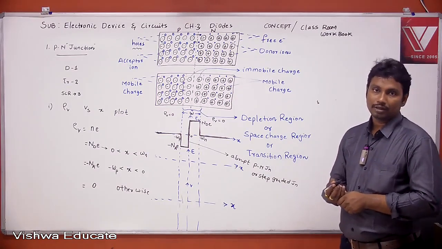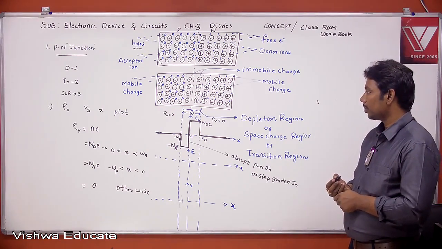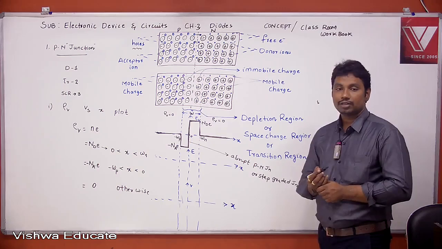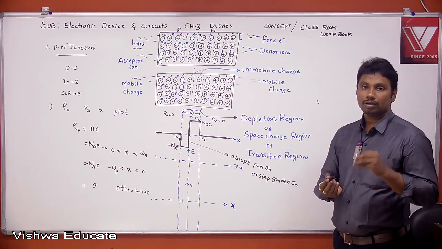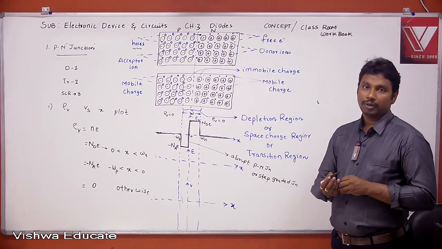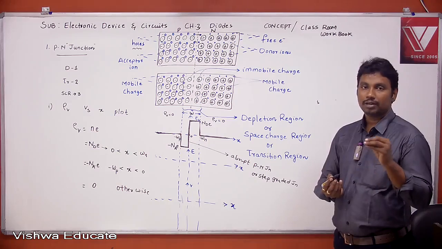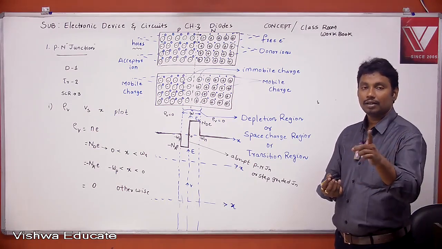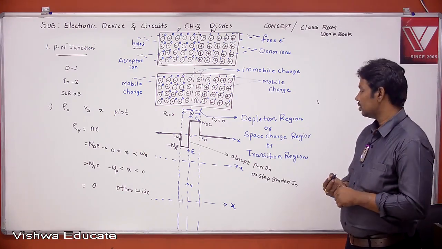Such PN junctions are called abrupt PN junctions or step graded junctions. Underline abrupt or step graded junction, right?